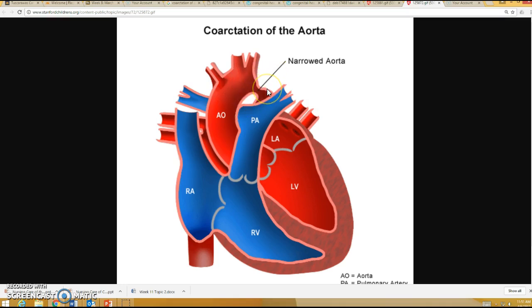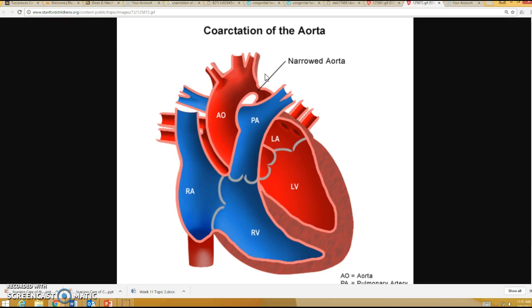Okay, so this is an obstructive defect, and depending on where the coarctation is, blood pressures will be different in the extremities. So these two branched arteries will supply blood and oxygenation and pressure to your upper extremities. Now we've reduced blood flow to the lower thoracic aorta, which means we are also decreasing pressure to our lower extremities.